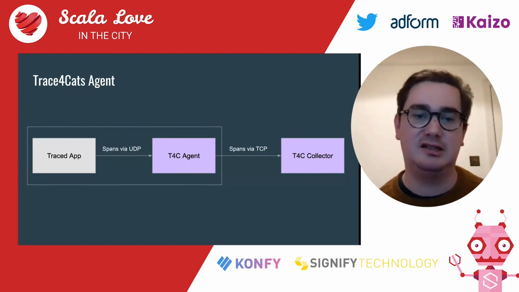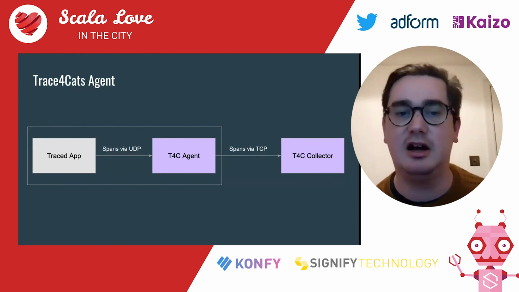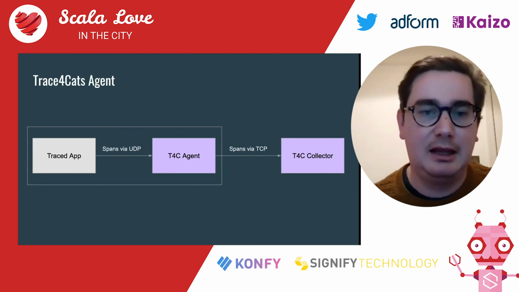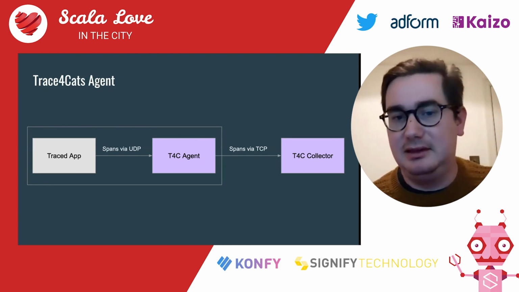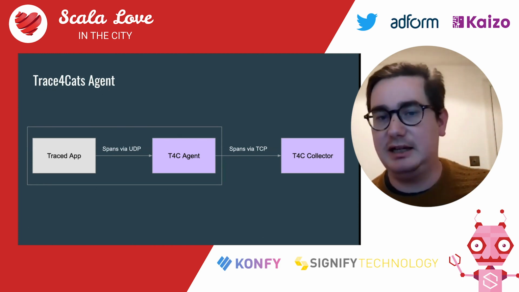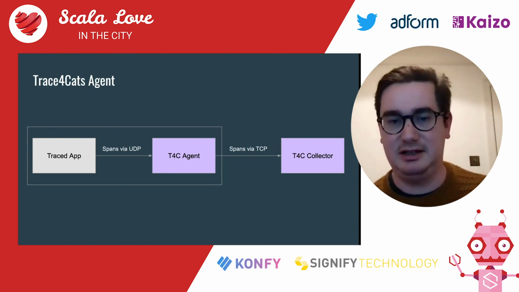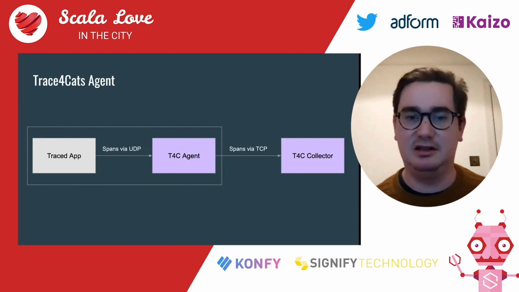This is designed to be like a Kubernetes sidecar or something you would co-locate on a physical machine or VM. And both the collector and the agent have native image deployments in Docker images, so they're very lightweight.